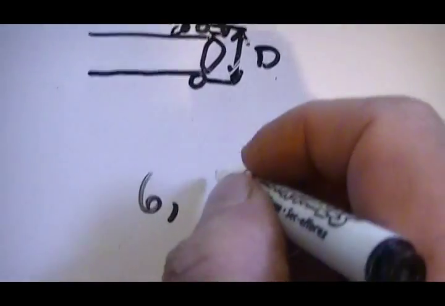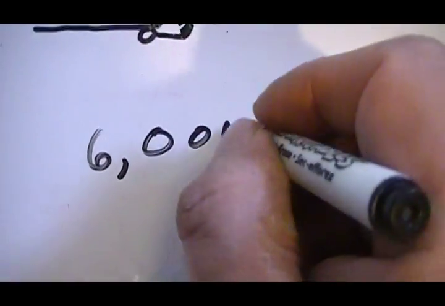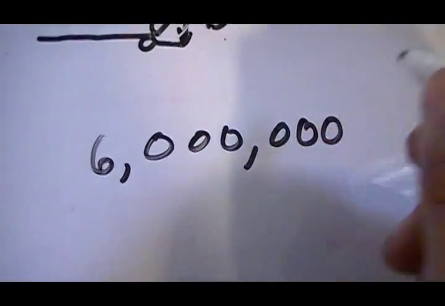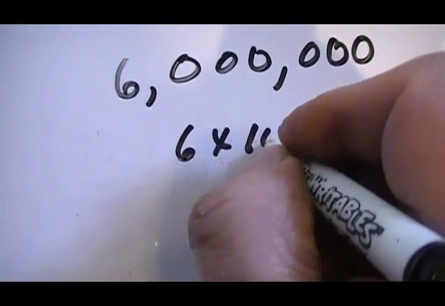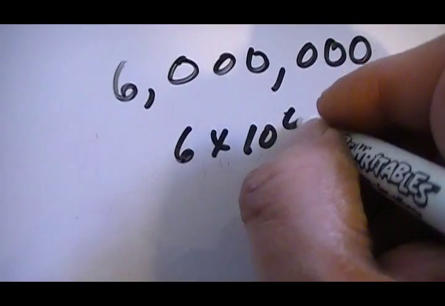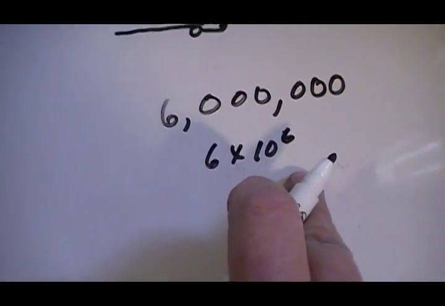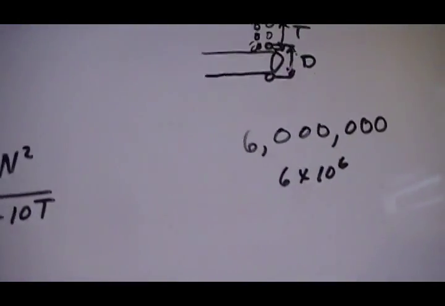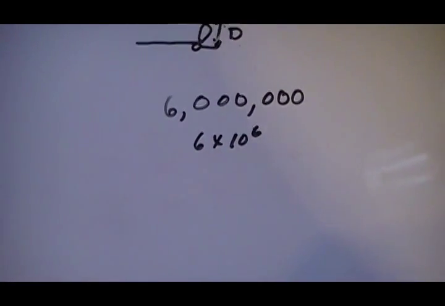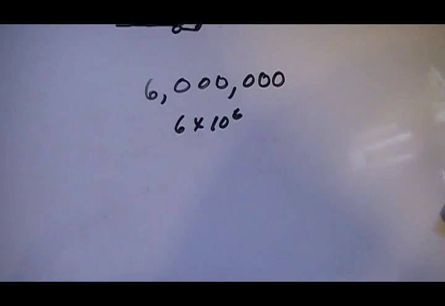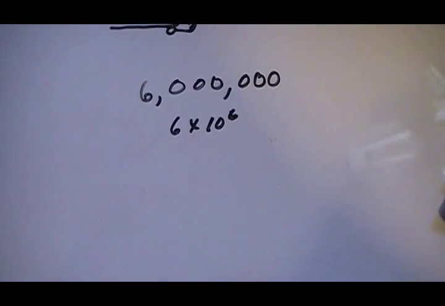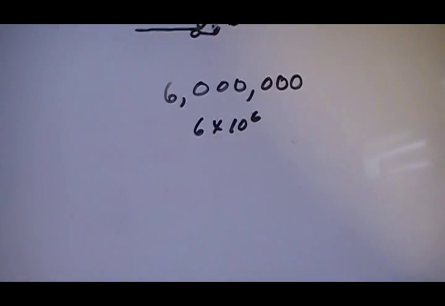You can write 6 million out just like this, which everybody's used to, or I can write it as 6 times 10 to the 6. That's scientific notation. It's a shorter way of writing things, but it also gives you an easier way of doing math. I'll show you in a second what I mean by that.